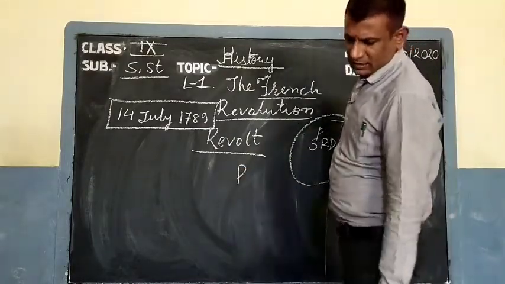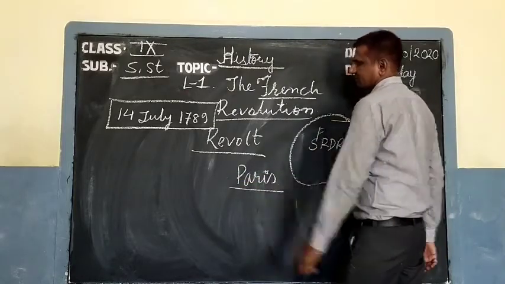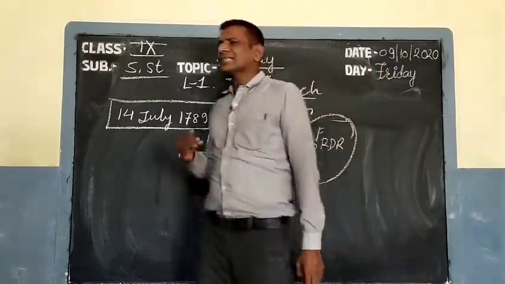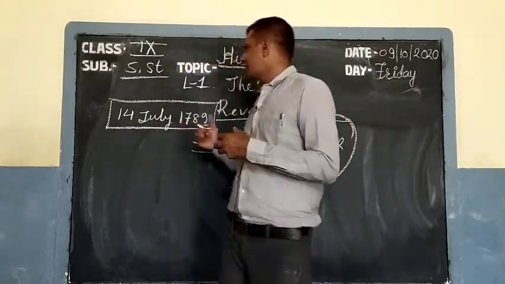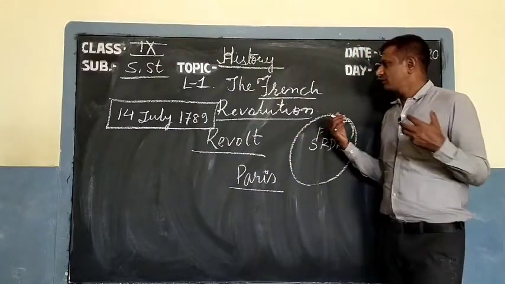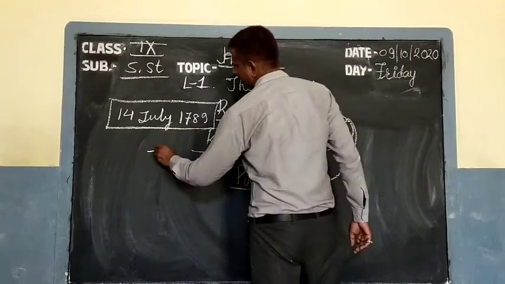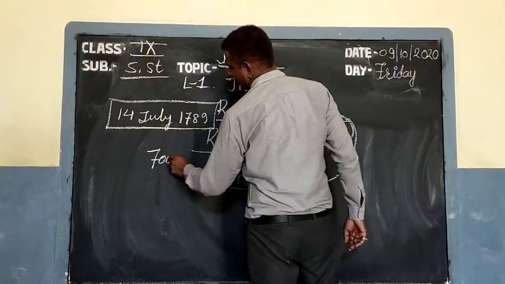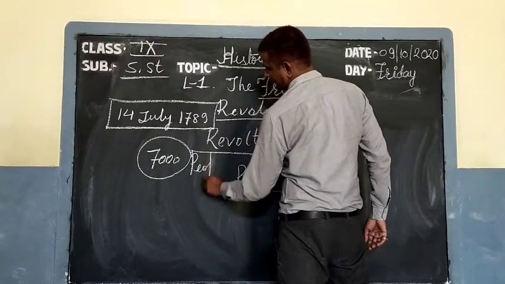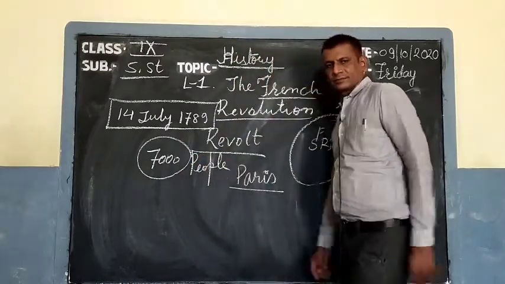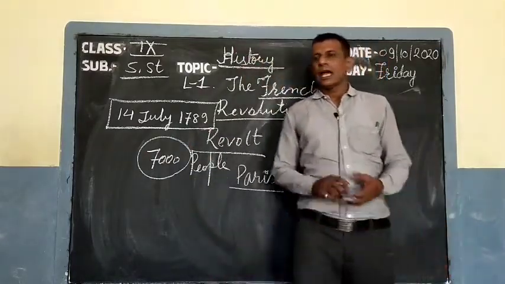Around 7,000 people gathered on 14 July 1789.